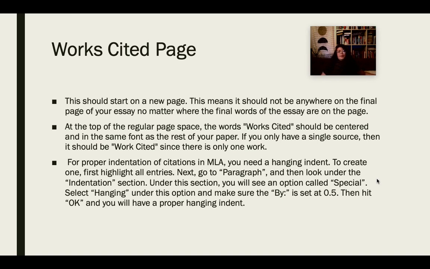At the top of the page, at the top of the regular page space, the words works cited should be centered and in the same font as the rest of your paper. If you only have a single source, this would be a work cited page since there's only one work, right? So all that means is you guys like to do fancy things to your titles, and you don't do anything fancy to your titles.